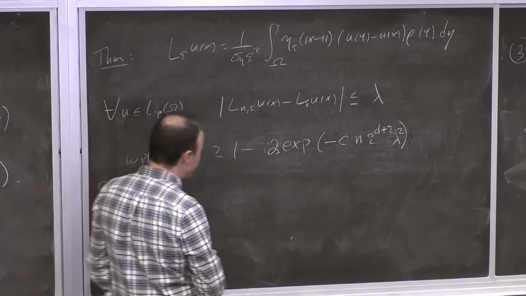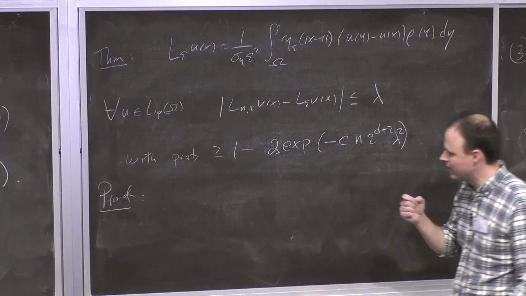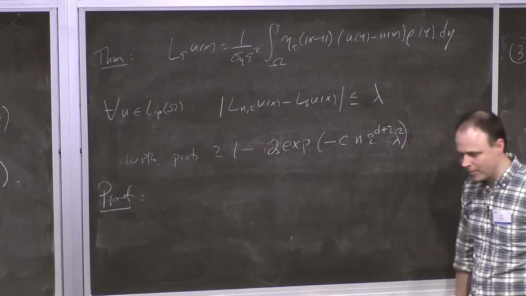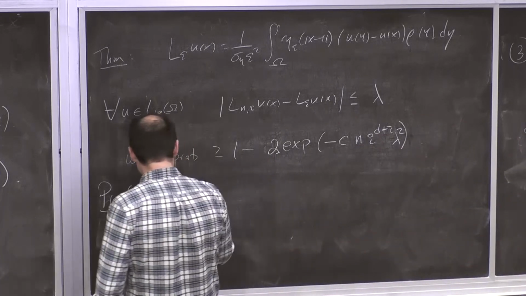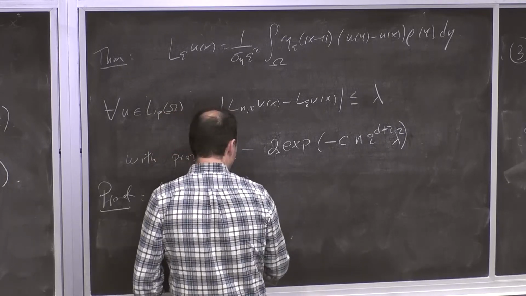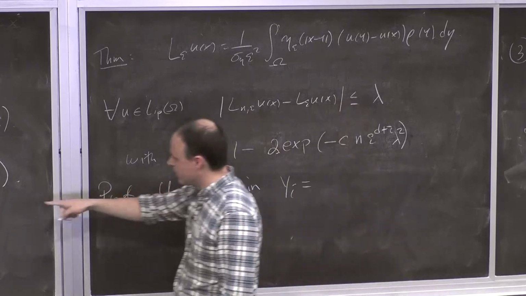And here, it really matters that you use Bernstein and not Hoeffding, let's say. Okay, so the variance of these random variables is much smaller than their absolute bound. So we're going to use Bernstein. And the random variables are over here, right?